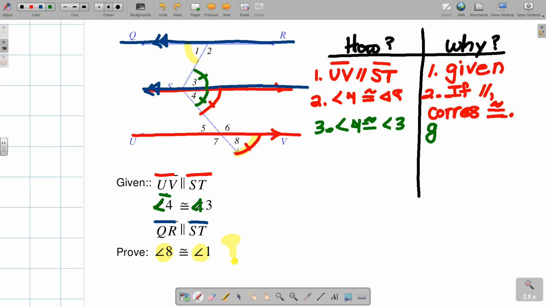And the reason for that is it's given. Now you can see that angle 4 is a transfer point. I can say now that angle 8 is congruent to angle 3. And the reason why, excuse me, this is step 4. I can't count right now. Step 4. All right, this is going to be transitive.